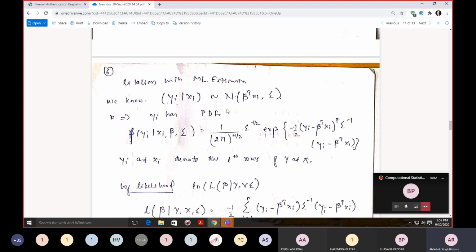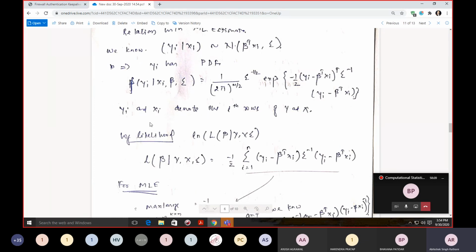Now we are again going similar to your least square estimate. Again we are going for the log likelihood. So this is my probability function, and what is my log likelihood? My log likelihood is that we are getting the parameters given your data.